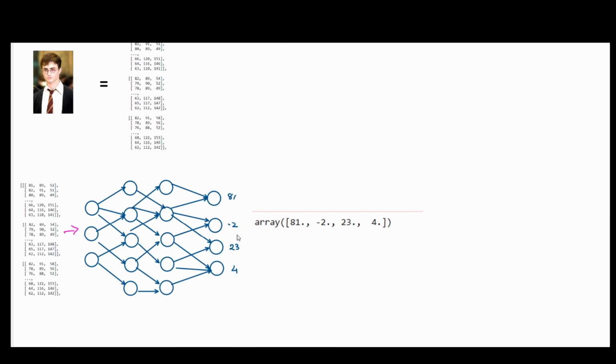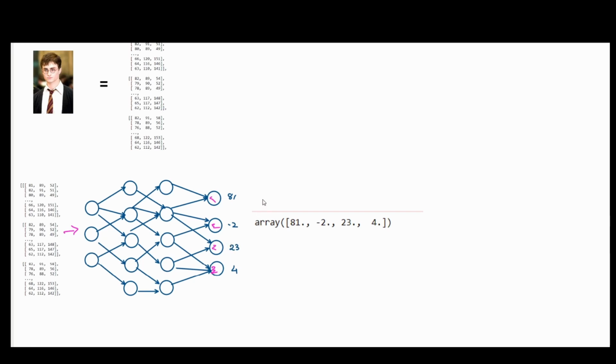Since we have four houses, that is Gryffindor, Slytherin, Hufflepuff and Ravenclaw, we'll be having four nodes at the end. These are nothing but neurons. So you'll be having four neurons at the end and each neuron will give you a number.